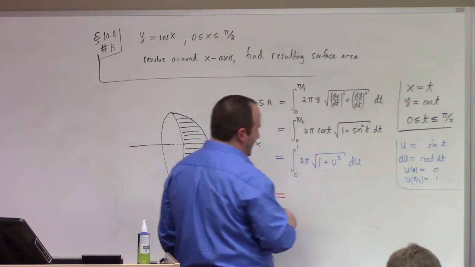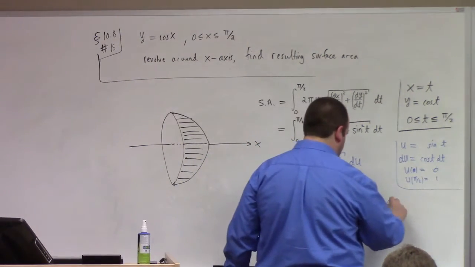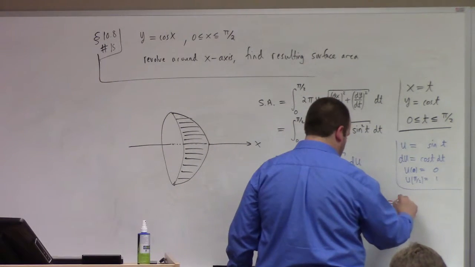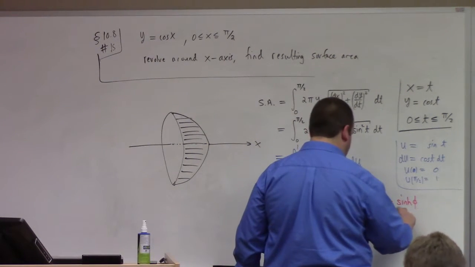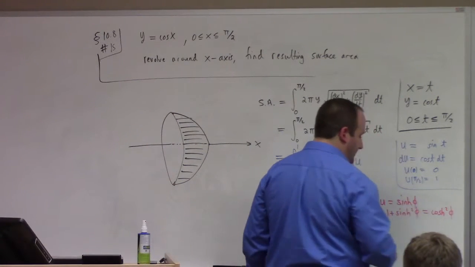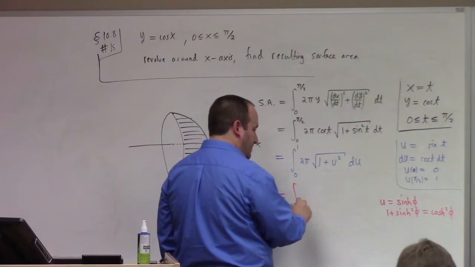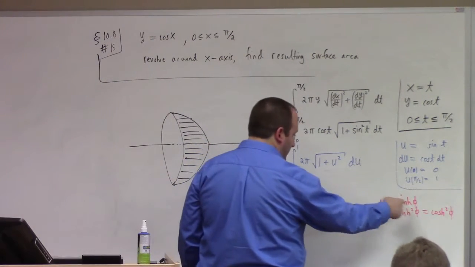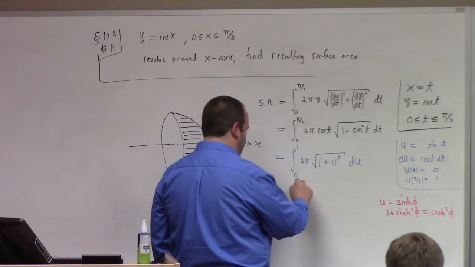I think the way I would do this would be a u equals sinh phi substitution, because I know that 1 plus sinh squared phi is equal to cosh squared phi. In order to get u equal to 0, I need phi to be 0. The upper bound would be inverse hyperbolic sinh of 1.